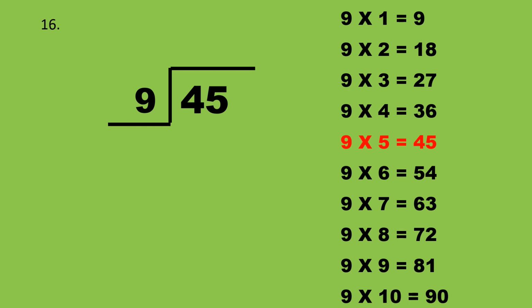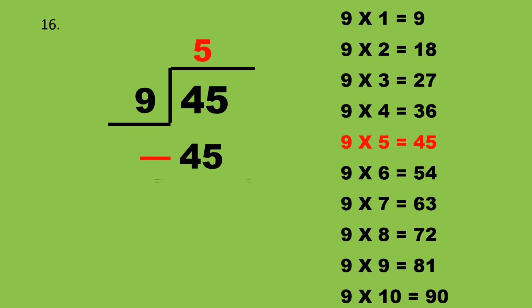So children, where does 45 come in the table of 9? 9 fives are 45. Yes, so we will write 9 and on the top what are we going to write? 5. So 9 fives are, here we will write 45, and then which sign will we put? Minus sign.